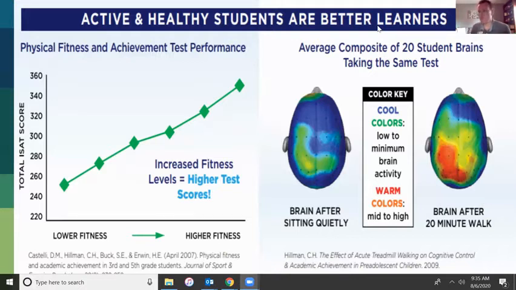And then the graph on the left is showing the correlation between a student's physical fitness and achievement on a test. What research has shown us recently is that increased fitness levels have a high correlation with higher test scores.